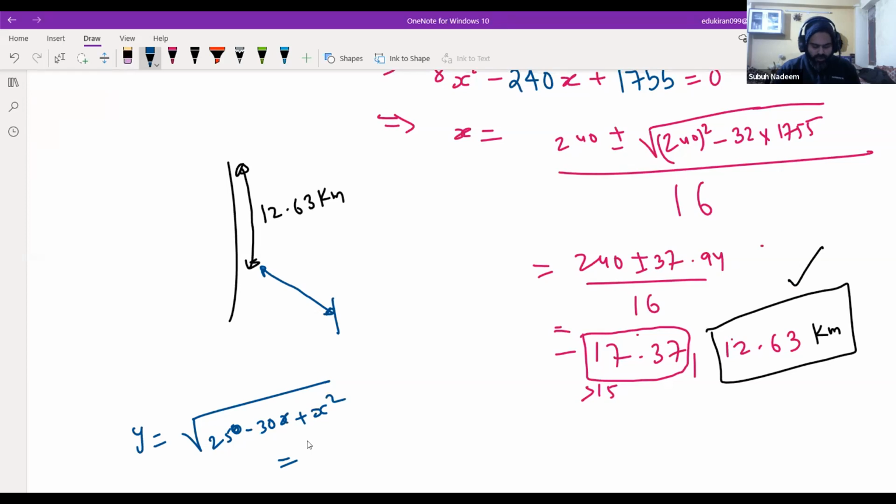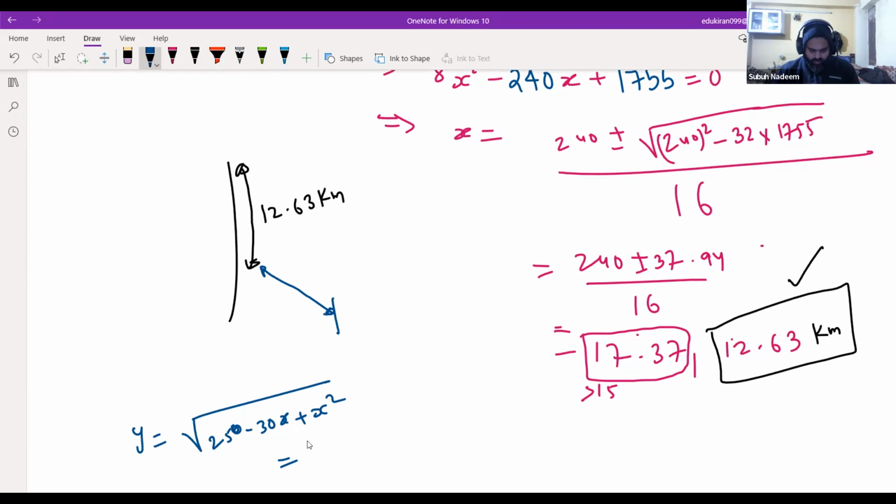So let us again do the calculation part. x square will be 12.63 into 12.63 plus 250 minus 30 into x, x is 12.63, is equal to 30.6169.